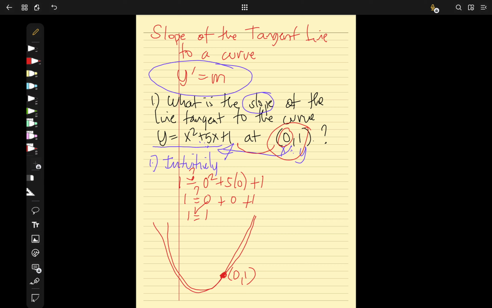That is the first thing we need to check. Because if it is not there, (0, 1) can never be a point of tangency. So, because of (0, 1) here, the problem says the tangent to the curve at (0, 1), we assume that (0, 1) is the point of tangency.